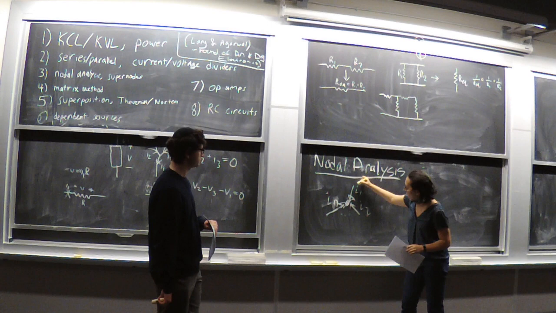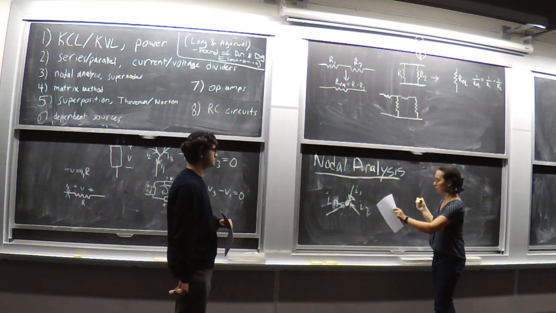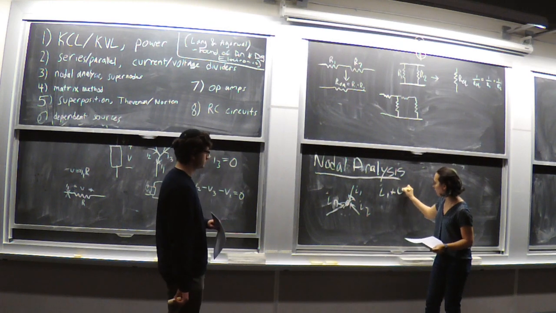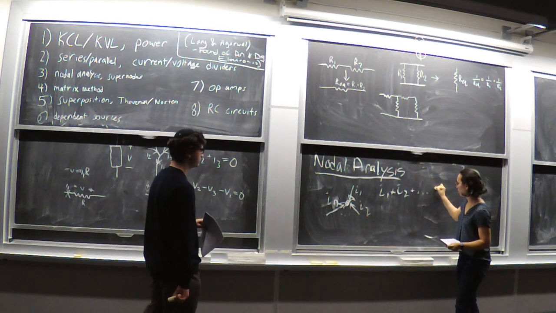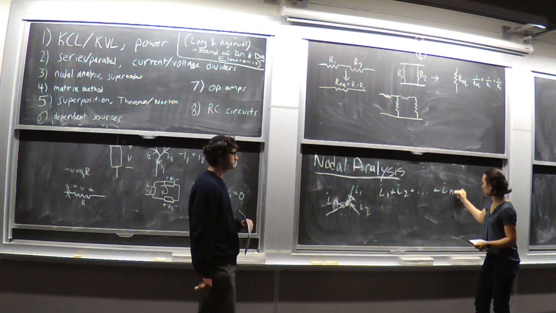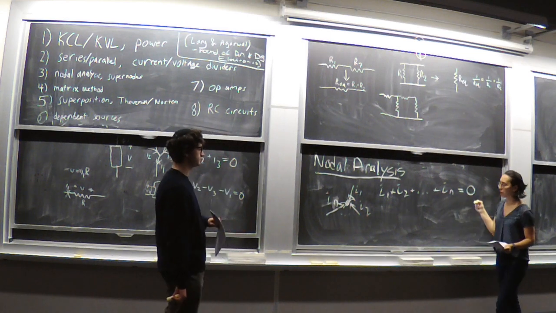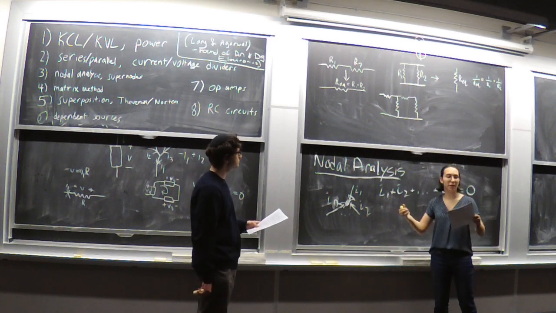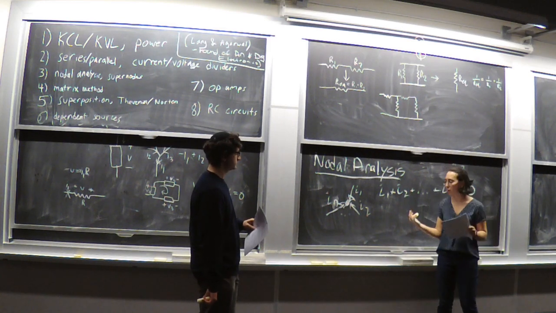The node equation would say that I1 plus I2 plus up to IN is equal to 0. So make sure you're consistent with the directionality: either everything summing in is 0 or everything summing out is 0.